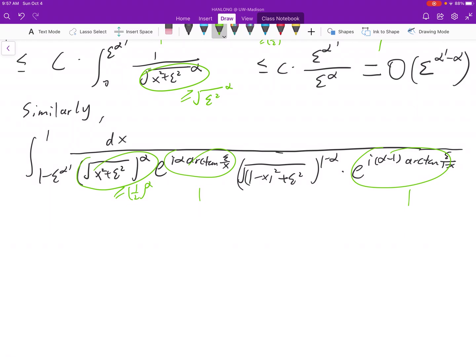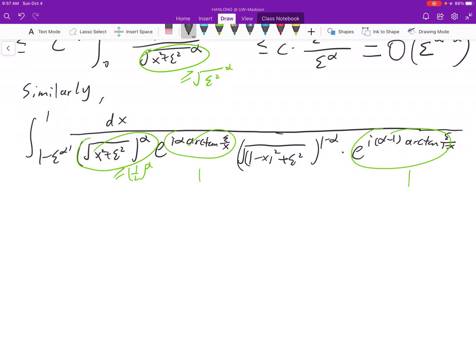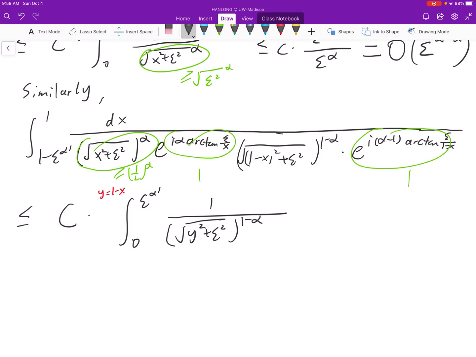And so if you make a substitution, this is bounded by c times an integral in y, where y is 1 minus x. Then the integral is from 0 to epsilon to the alpha prime, and the inside is y squared plus epsilon squared to the 1 minus alpha.